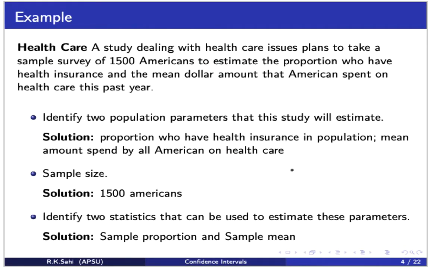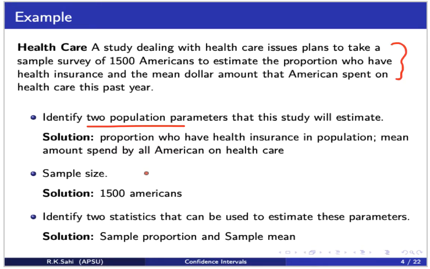An example related to healthcare. Here, a study deals with healthcare issues and plans to take a sample survey of 1,500 Americans to estimate the proportion who have health insurance and the mean dollar amount that Americans spent on healthcare this past year. So our first question is, what are the two population parameters this healthcare study is talking about?